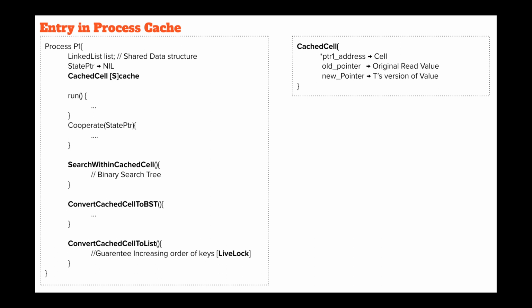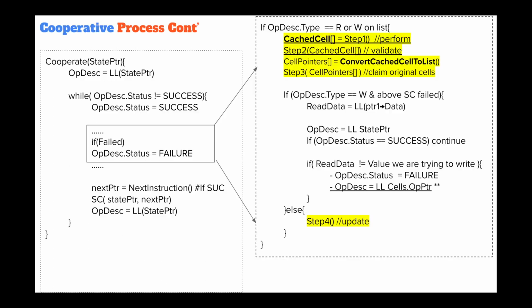Then we have three functions: search within the cache cells, for binary search, traversal, and things like that; convert cache cells to a BST; and convert cache cells to a list. This will be used for incrementally locking all the entries. And a cache cell will have the pointer address to the cell, the old pointer, which is the original read value, and the new pointer, which is T's version of the value.